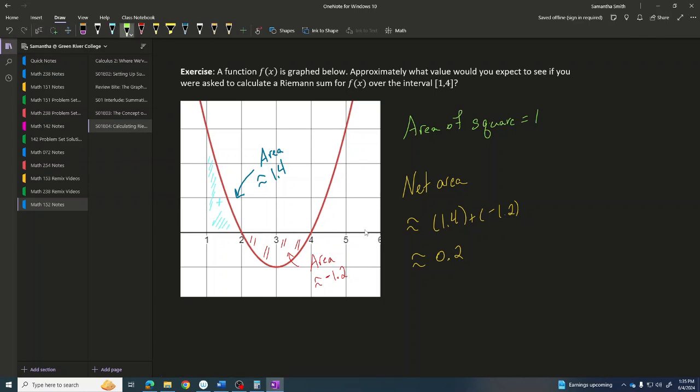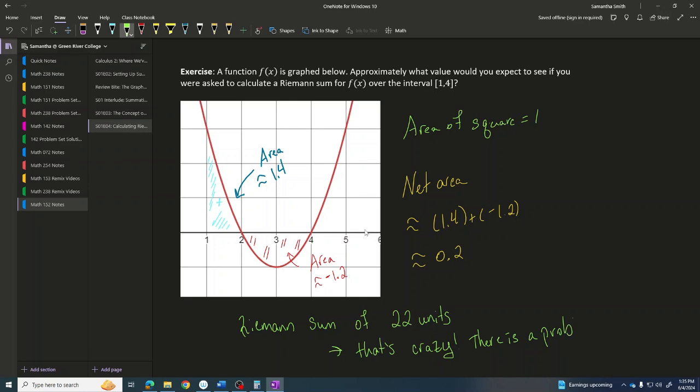If I was getting a Riemann sum for this function of, say, like 22 units, I would know that that's crazy. Something's definitely gone wrong. There is a problem in that calculation.